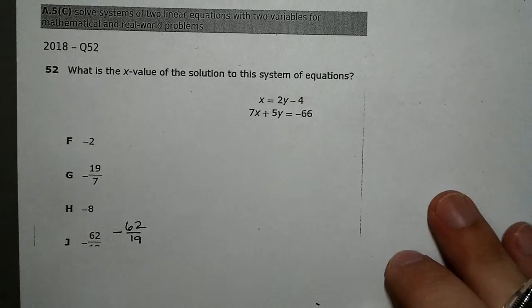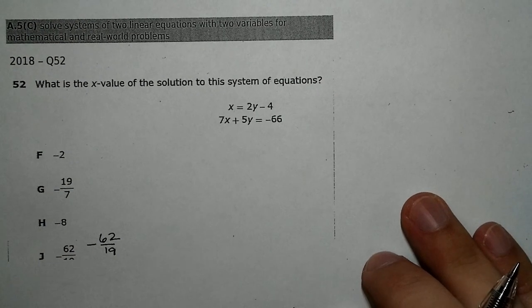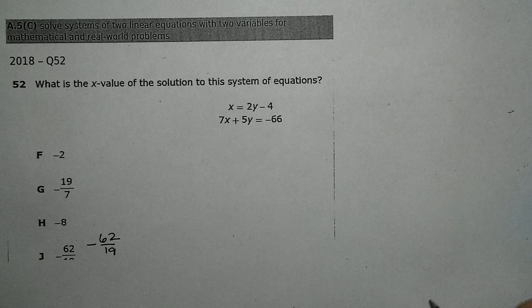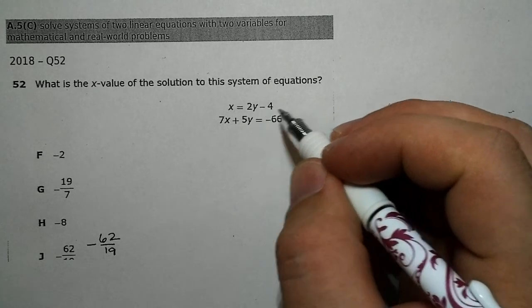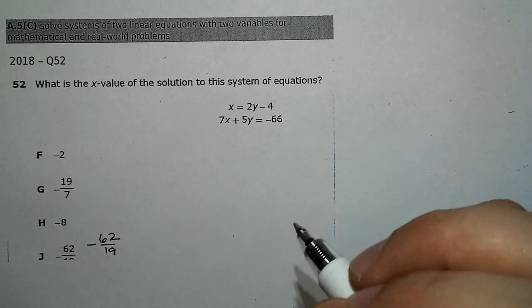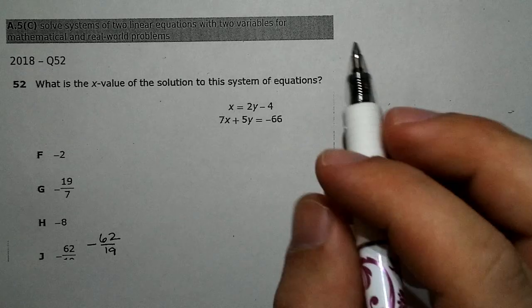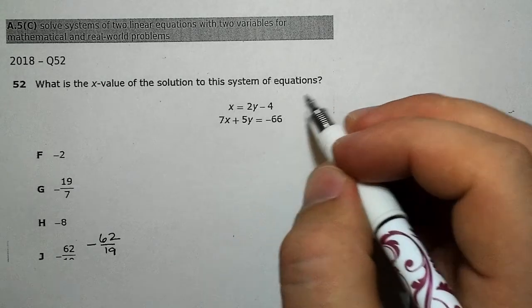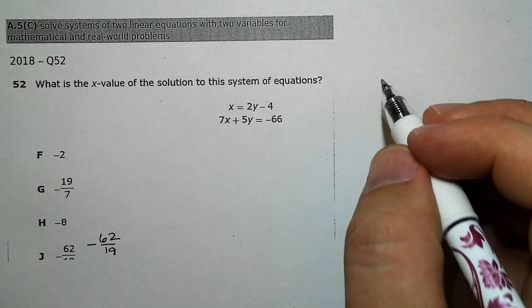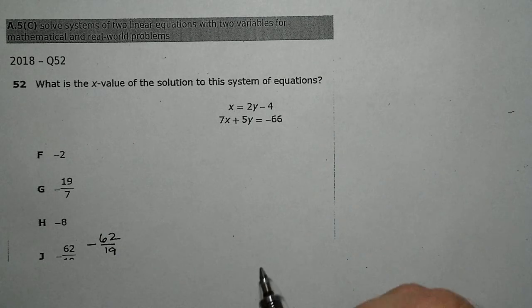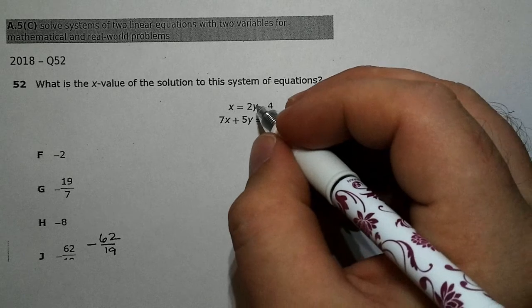Alright, next question says, what is the X value in the solution to this system? Well, we have X equals 2Y minus 4. This is set up very, very well for substitution. So I'm going to go ahead and use substitution. Well, you know what? I said I would solve them all by graphing, so let's change this into Y equals.